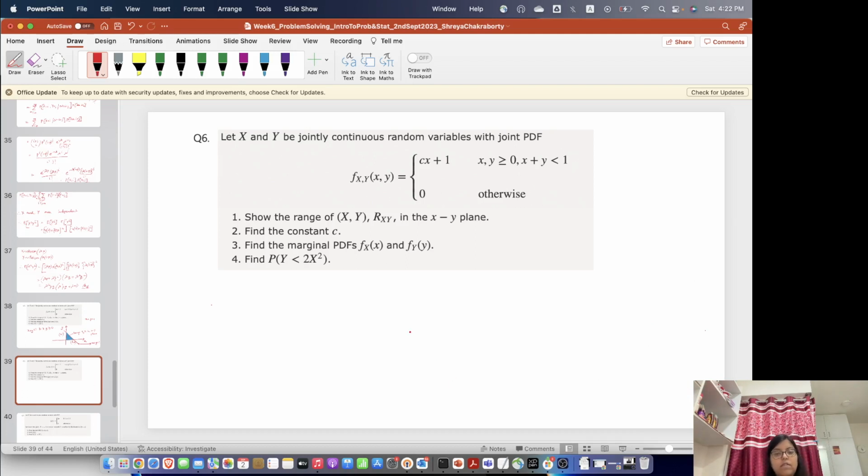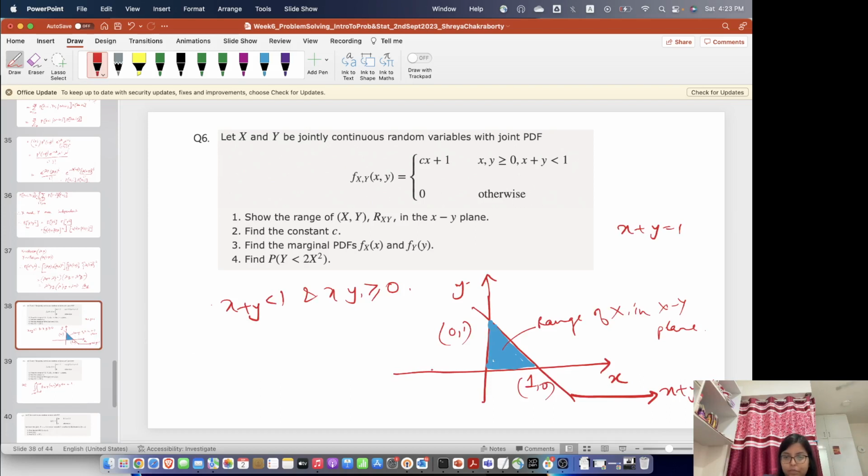Now we have to find out the value of this constant c. Since this is a PDF, the integral from minus infinity to infinity, minus infinity to infinity, of f_XY(x, y) dy dx should be equal to 1. So we are going to integrate over this entire range of xy. If we integrate, then we should have 1.